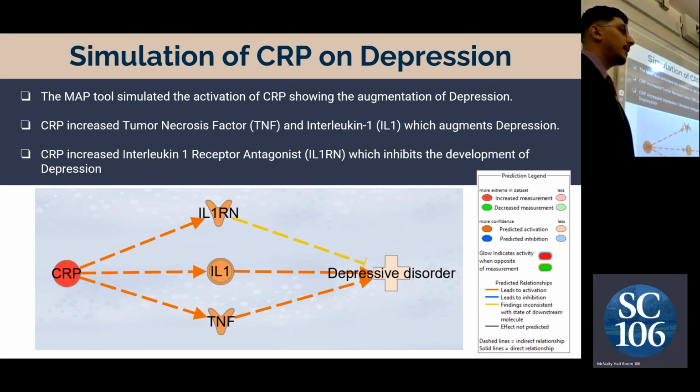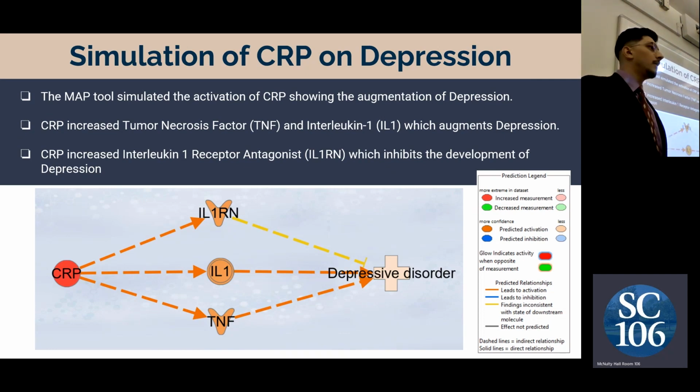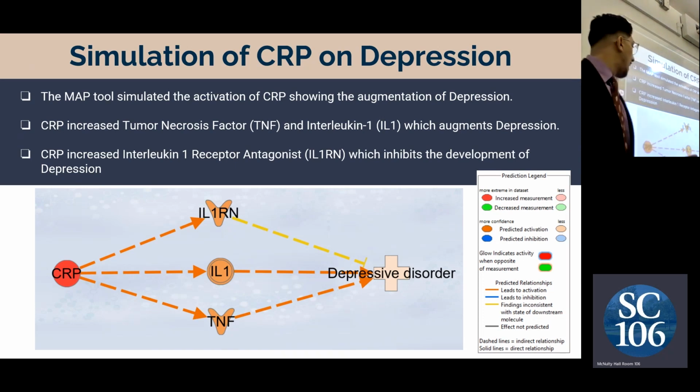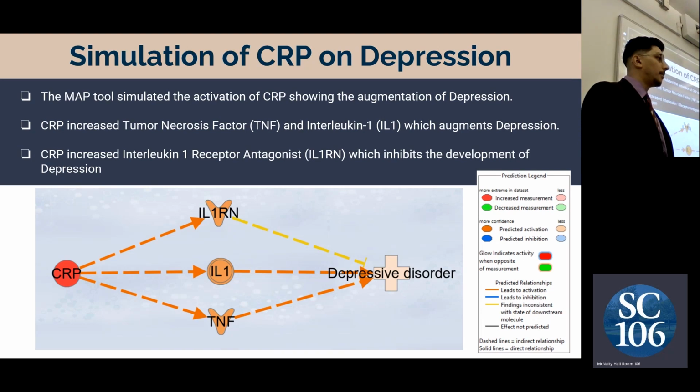Of note, CRP increased three molecules: tumor necrosis factor, TNF, interleukin-1, and interleukin-1 receptor antagonist, IL-1RN. CRP increased tumor necrosis factor and interleukin-1. These two molecules were shown to augment depression. However, CRP increased interleukin-1 receptor antagonist, IL-1RN, which in turn decreased or inhibited the development of depression.